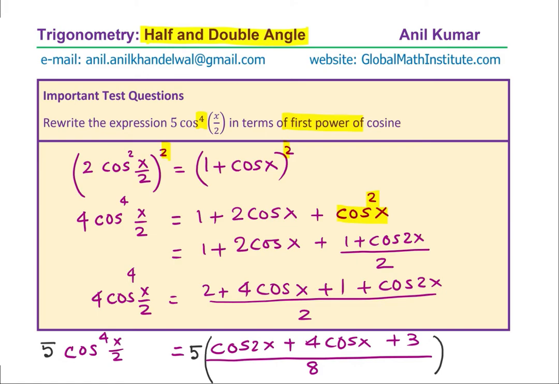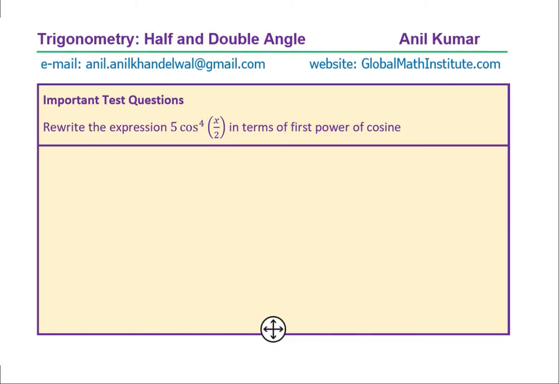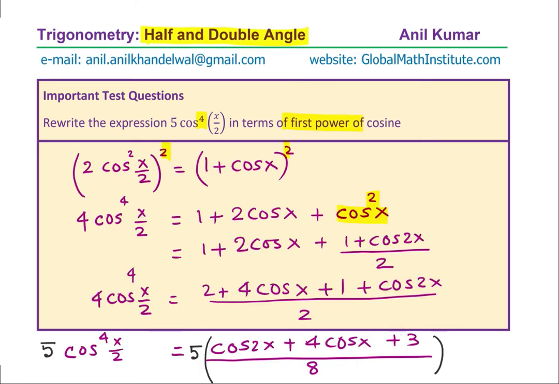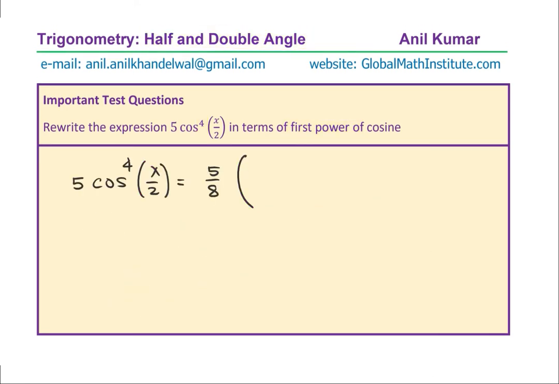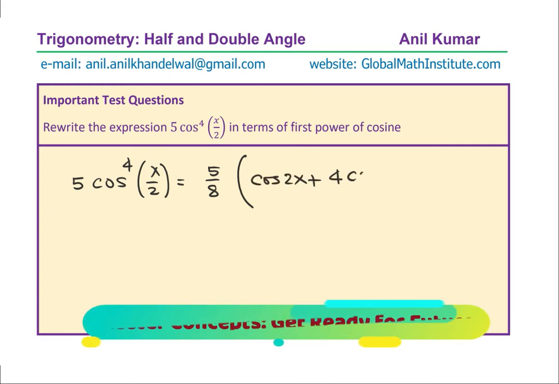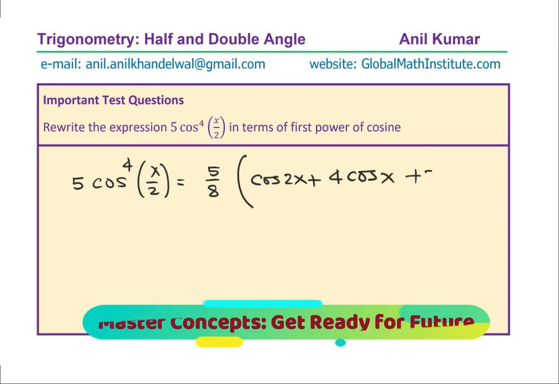So 5 by 8 of cos 2x plus 4 cos x plus 3. So we can write down our solution as 5 cos to the power of 4 x by 2 equals 5 by 8, and what do we get here in the bracket? Cos 2x plus 4 cos x plus 3. Does it make sense to you?